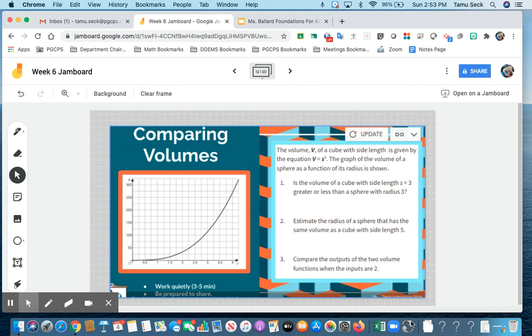Okay, the volume V of a cube with the side length S is given by the equation V equals S cubed. The graph of the volume of the sphere as a function of its radius is shown. Is the volume of a cube with the side length S equals 3 greater or less than the sphere with the radius 3?